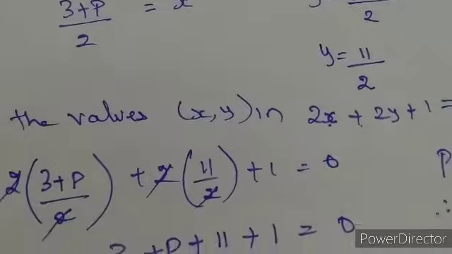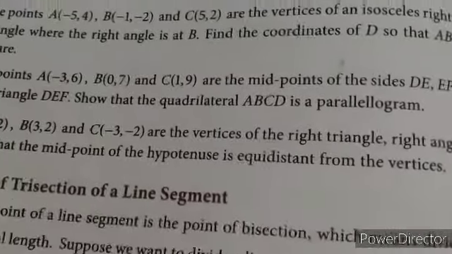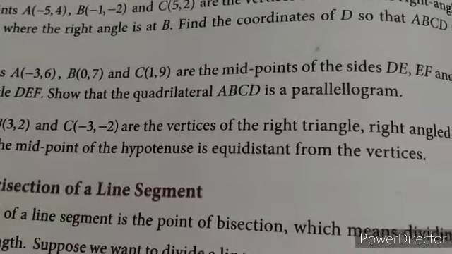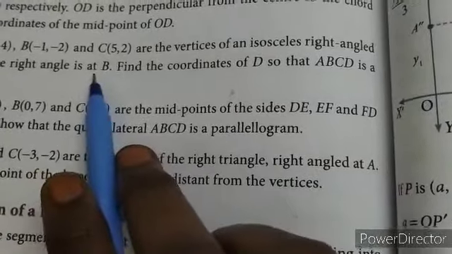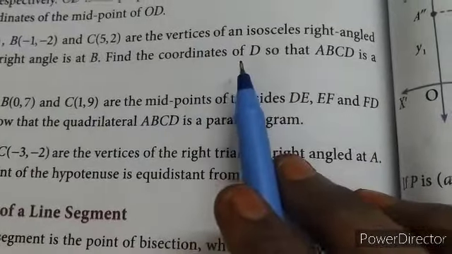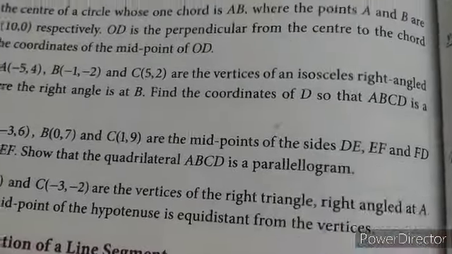Yes. Let's try question number 5 in the classwork note. Here the given points are the vertices of a right-angled isosceles triangle, where the right angle is at B. Find the coordinates of D so that ABCD is a square.